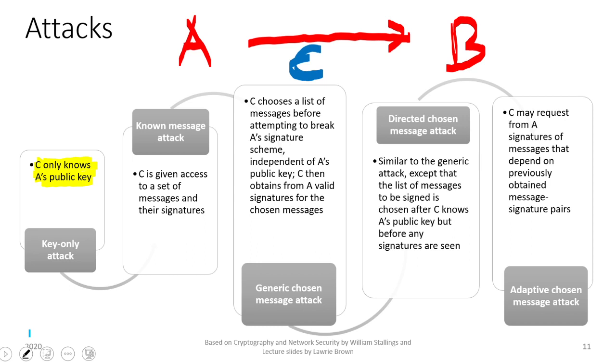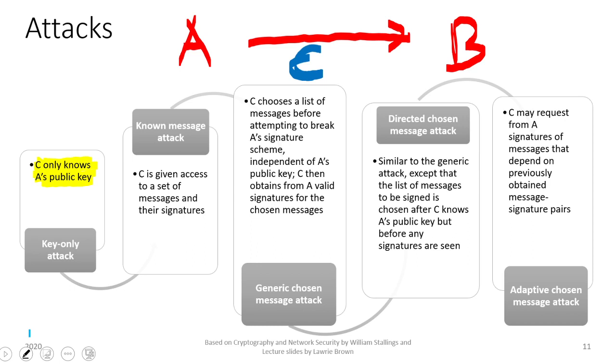Then another form of attack is what we identify as the directed chosen message attack. This is very similar to the generic chosen message attack, but with a slight differentiation: the messages to be signed are chosen after the public key is known.